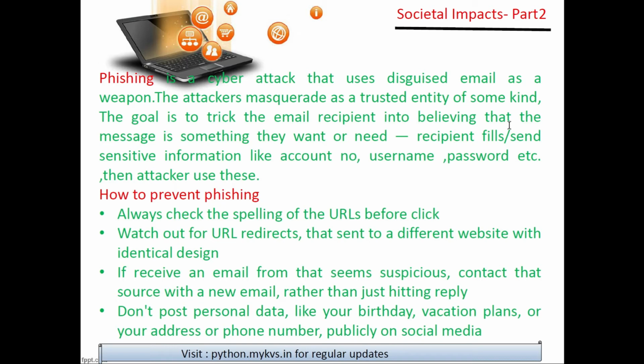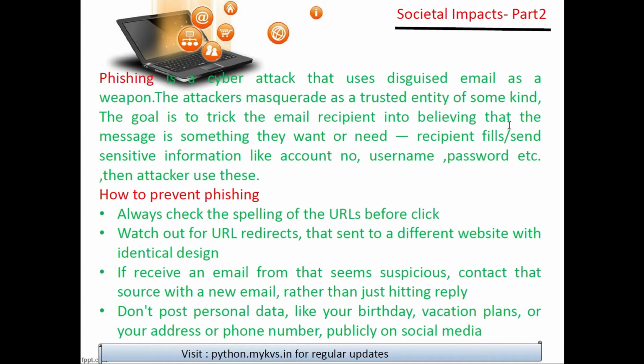Then the attacker uses this. Afterwards, all of a sudden your total account will be siphoned to some other account, so no money will be there. This is actually phishing, where one in every ten people is a victim of phishing nowadays in this cyber world. So this obviously comes under cyber crime.